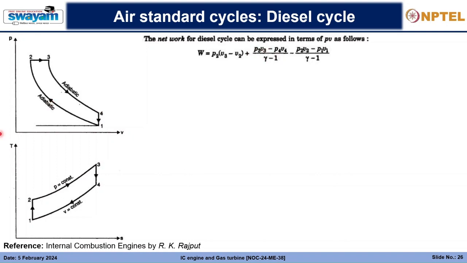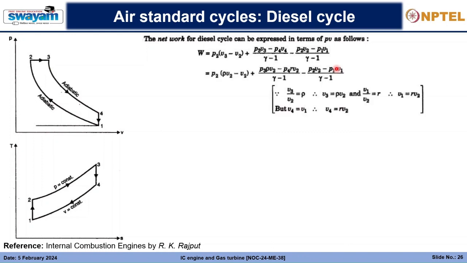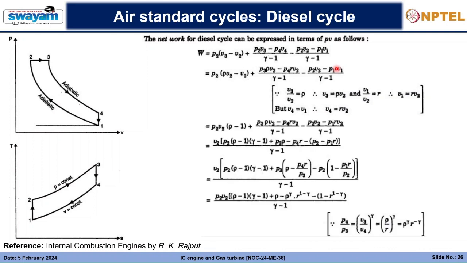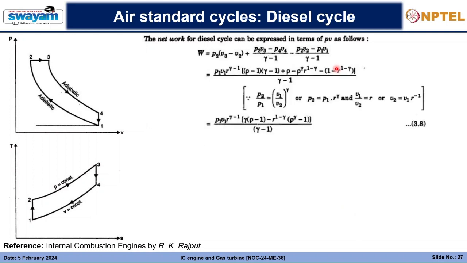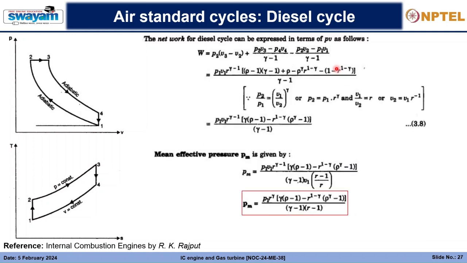And the process 1 to 2 is P2 V2 minus P1 V1 divided by gamma minus 1. So that is the net work done. Next, if we solve with some simplifications using thermodynamic relations, I will not go through all of these. Finally, you will get a relation like this.